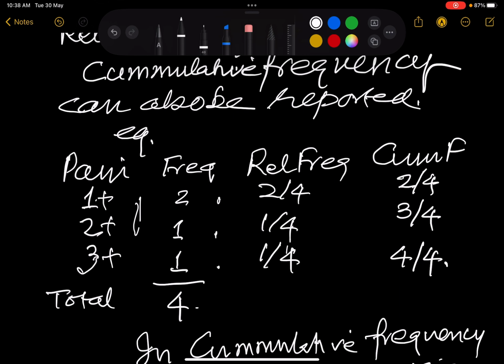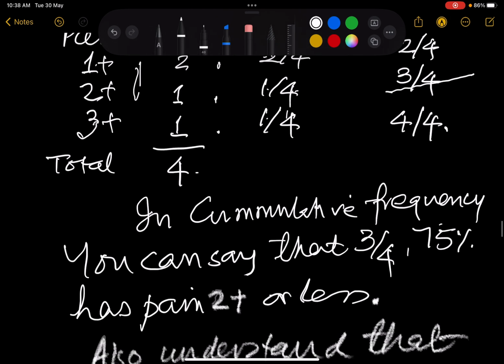But as soon as you put number 2 upon 4, 1 upon 4, 1 upon 4, then you can say that in the target population, 50% will have 1 plus pain. But then you can do what is called cumulative frequency. Now cumulative frequency, 2 upon 4 had 1 plus pain. But 3 upon 4, 2 plus 1, 3 upon 4 had 2 plus pain or less. So in the cumulative frequency, you can say 75% will have pain, 2 plus or less. So this is frequency, relative frequency and cumulative frequency, which is the crux of a frequency table.